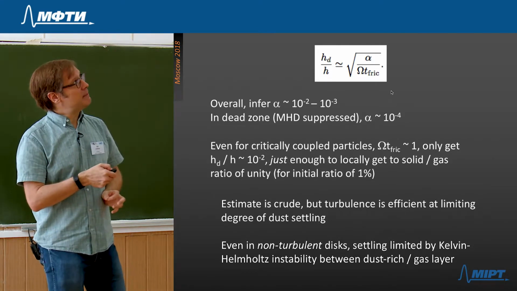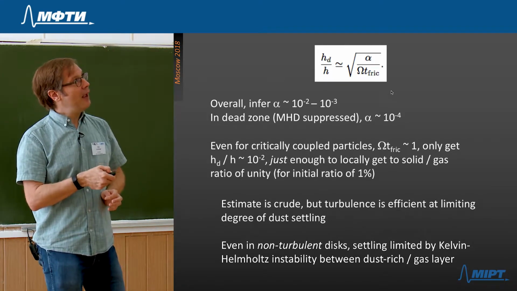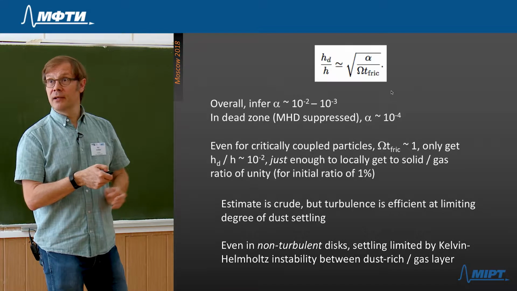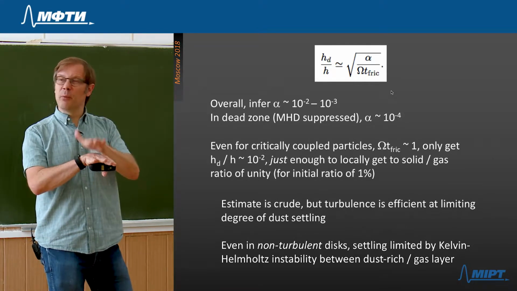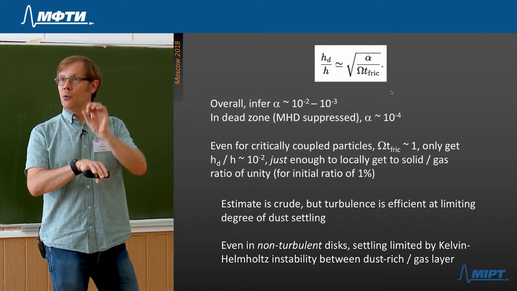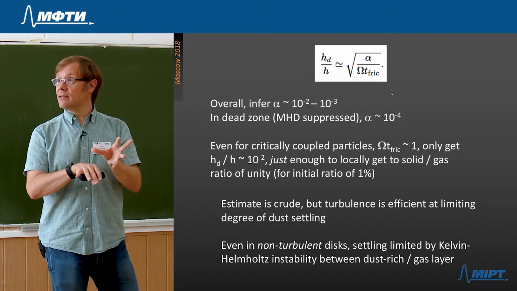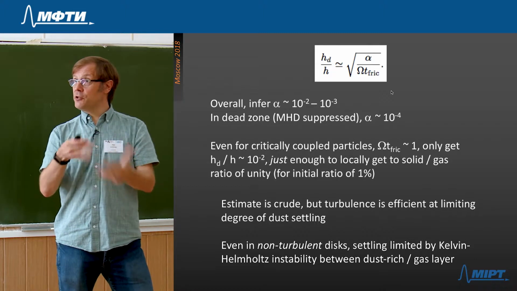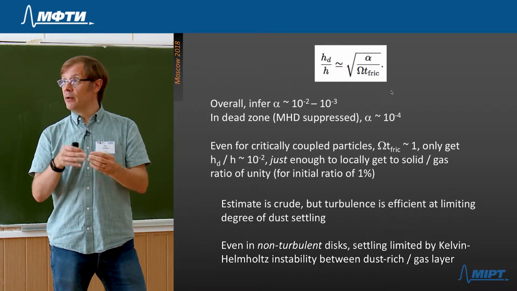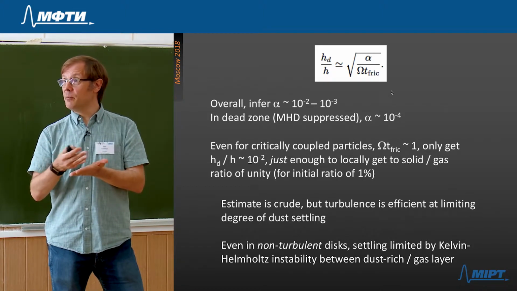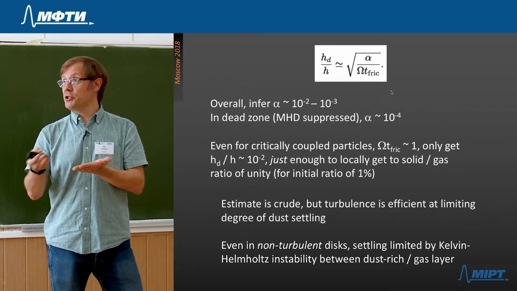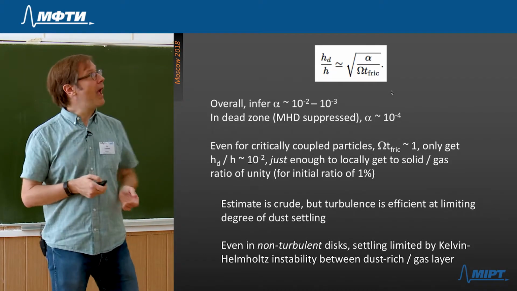Even in this best case where we have low turbulence and these critically coupled particles, we can just about settle to the point where locally the solid density is comparable to the gas density. So we can get to an interesting regime where these two densities are equal, but it's quite hard to push to a regime where the solids are immediately much denser than the gas.